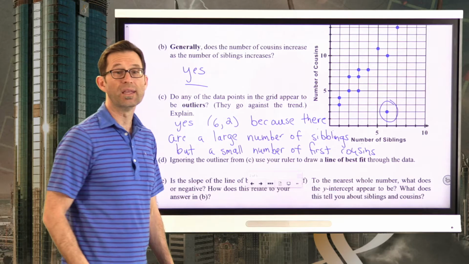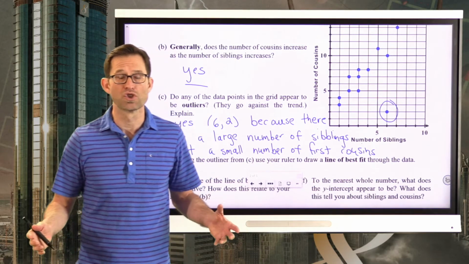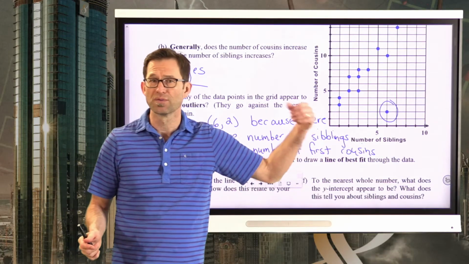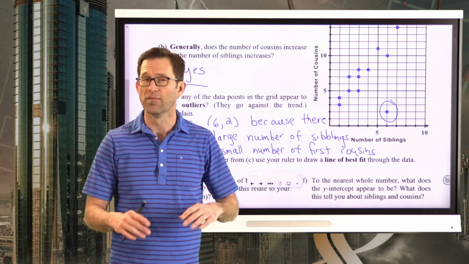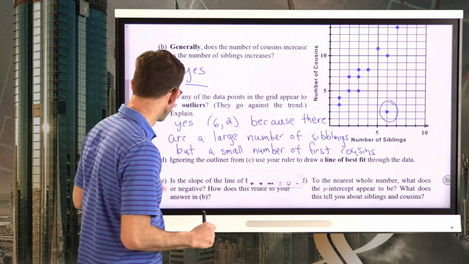This certainly isn't a perfect linear relationship in any way. So you could have somebody who's got 6 siblings, but very few first cousins.